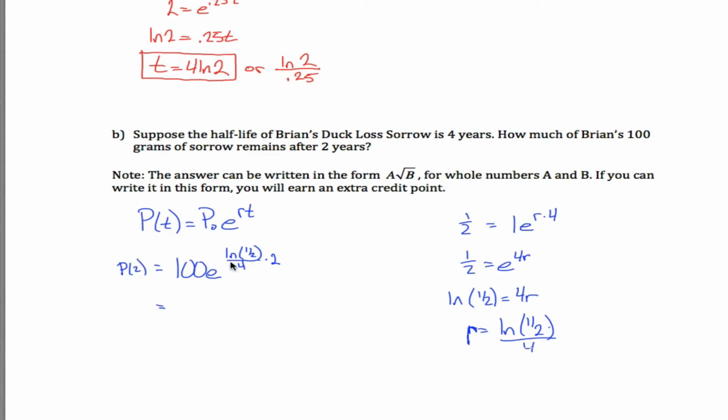I guess this would work as your answer. I mean, it's not the prettiest thing in the world, but it's equal to the answer. There's no variables in here. It's a number. Fine, that's your answer.